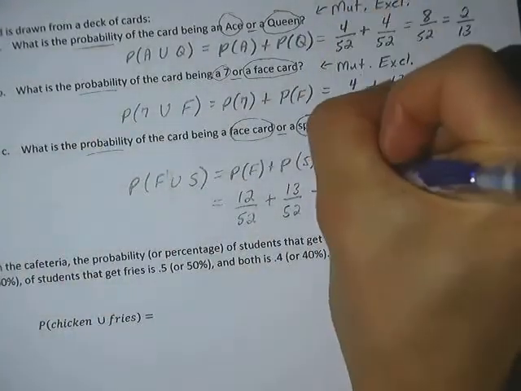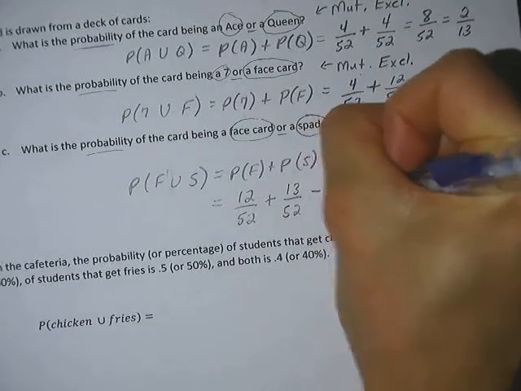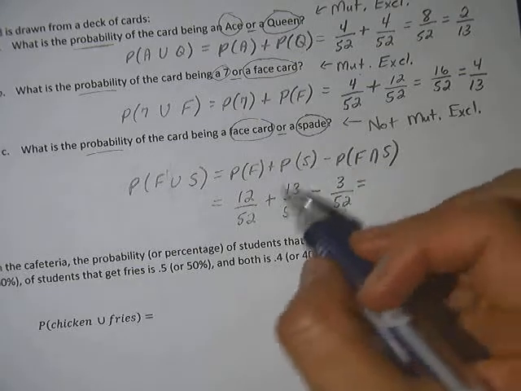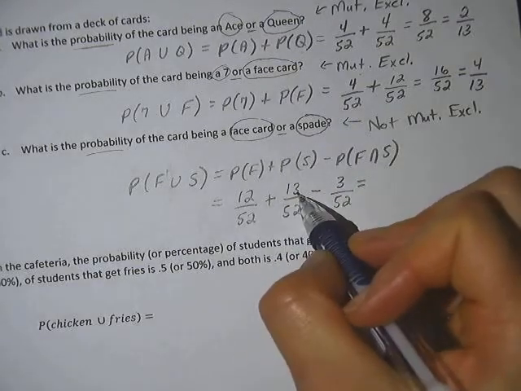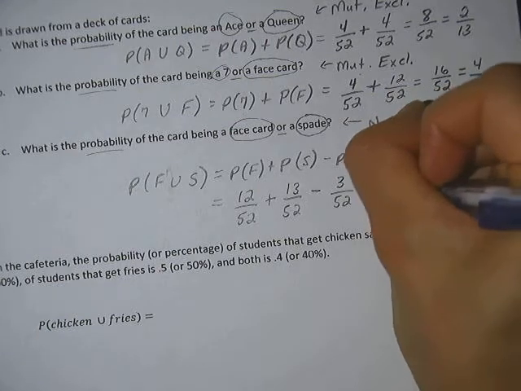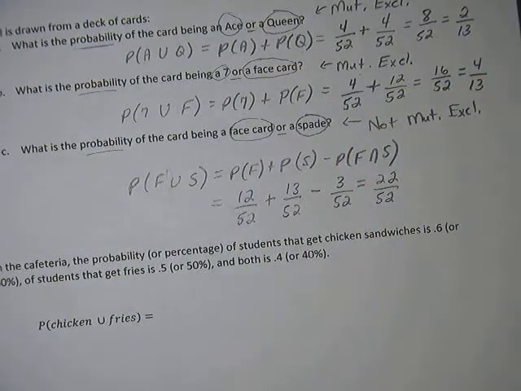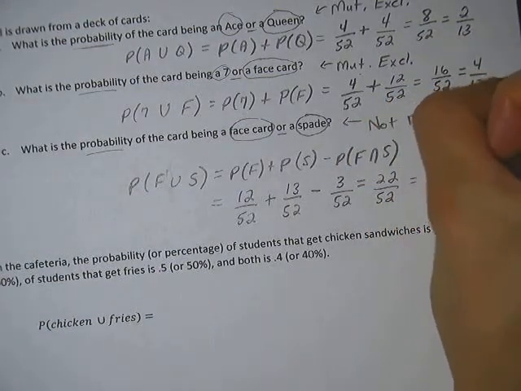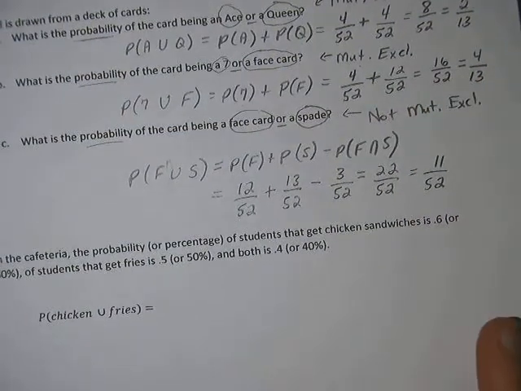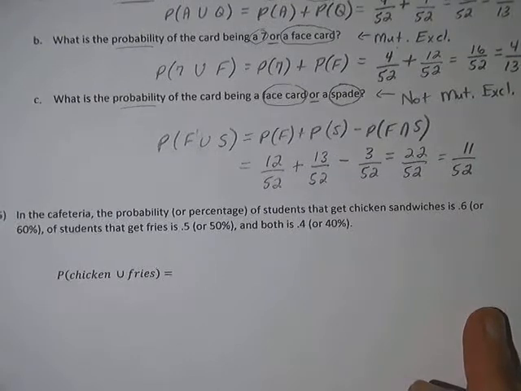So we have a 3 out of 52 chance of them being both. And then just like before, we just simplify. So 12 plus 13 minus 3 would be 22. And then that would be over 52. And then we reduce. So we have 11 out of 26 chance that it'd be either a face card or a spade that I pull out of the deck.